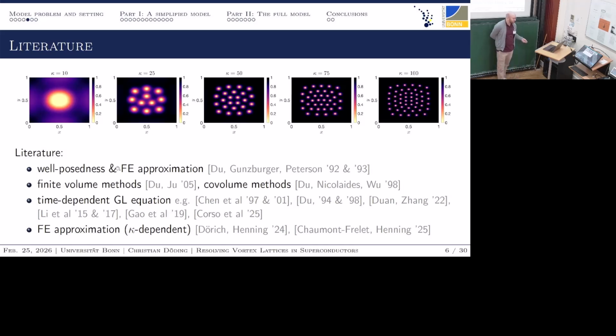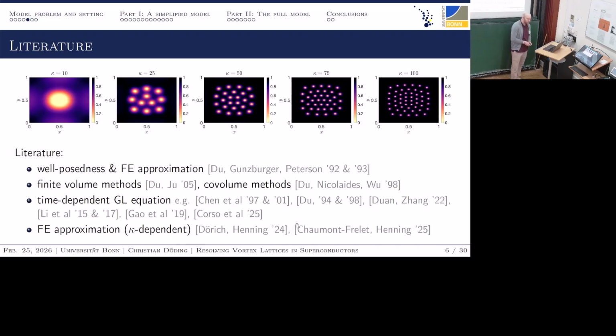There have also been finite volume methods and co-volume methods, also in works around Chengdu. And there is a much larger literature. What I want to note is the time-dependent Ginzburg-Landau equation, which is essentially if you take this energy and set up the L2 flow of it, or the Schrödinger flow.